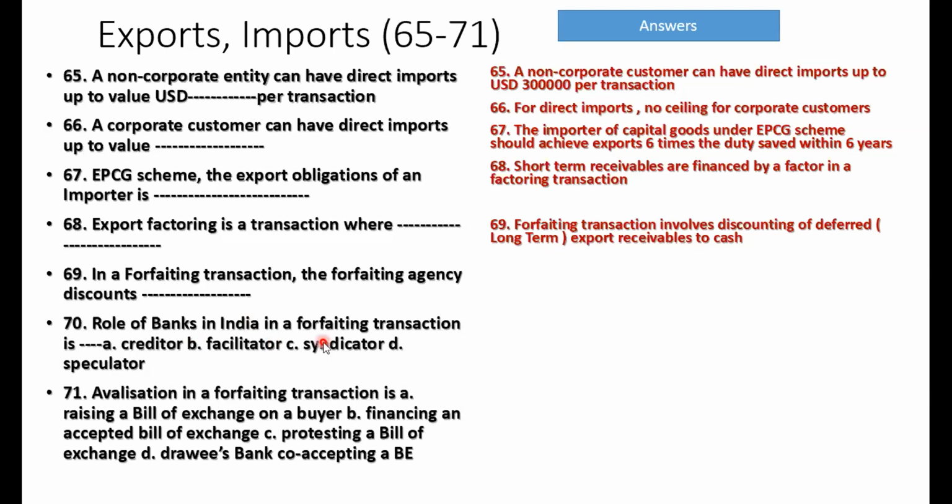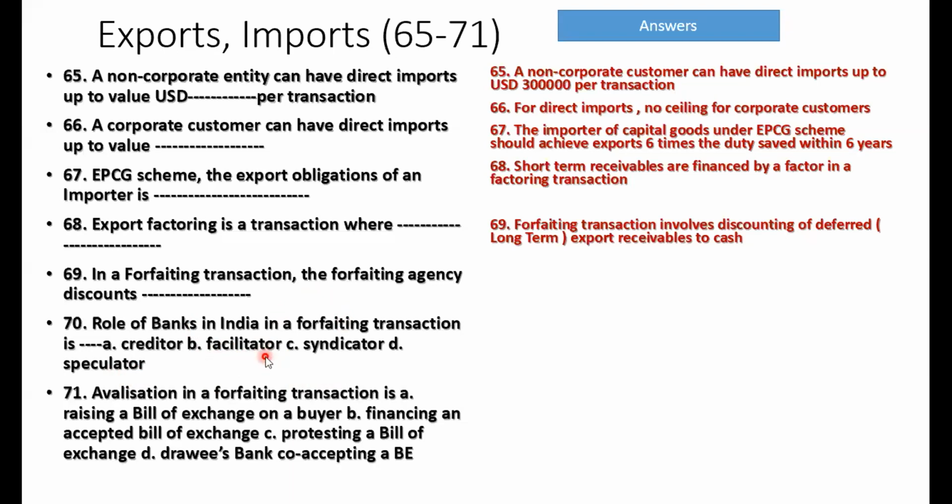And the role of banks in India in a forfeiting transaction is facilitator. The bank is not a creditor, syndicator, or speculator. The banks in India will act as a facilitator. The forfeiting is done normally by Exim Bank or foreign banks. Banks in India act as a facilitator, like an intermediary.